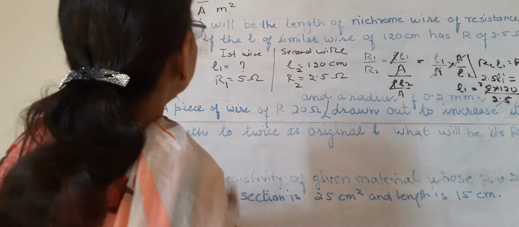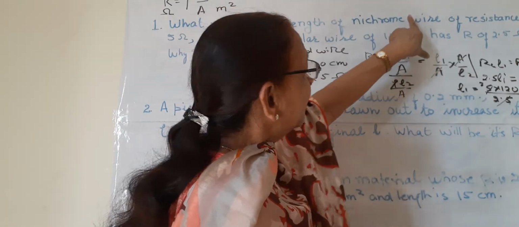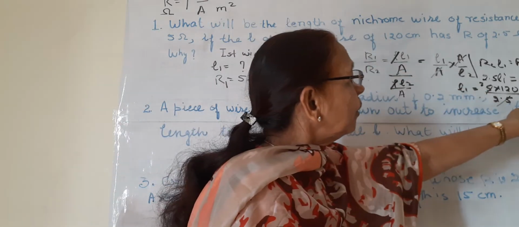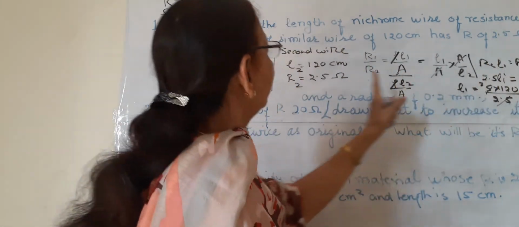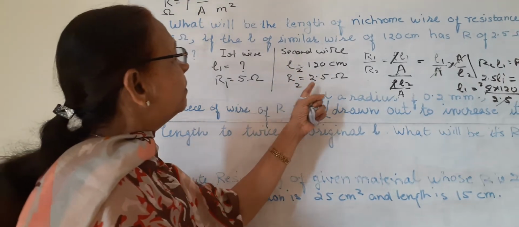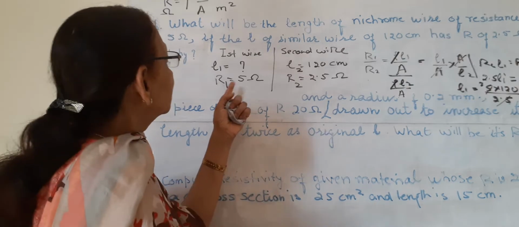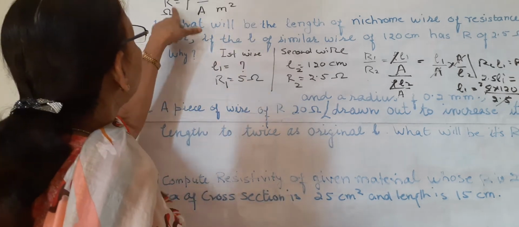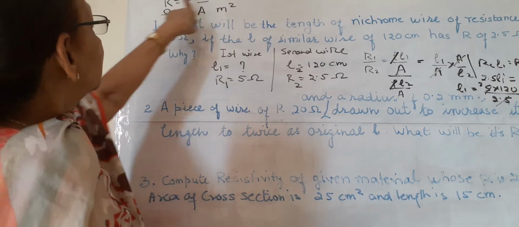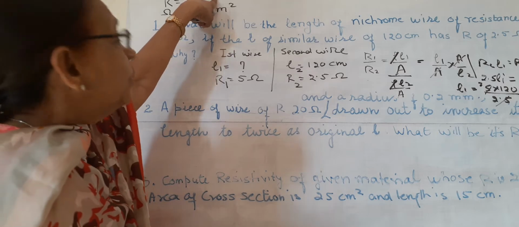How do we get this? What will be the length of the nichrome wire? The length of this first nichrome wire will be double the length of this wire. As you know, the resistance is doubled, so the length will be doubled, as the resistance is directly proportional to length. In this formula you can see this resistance is directly proportional to length.